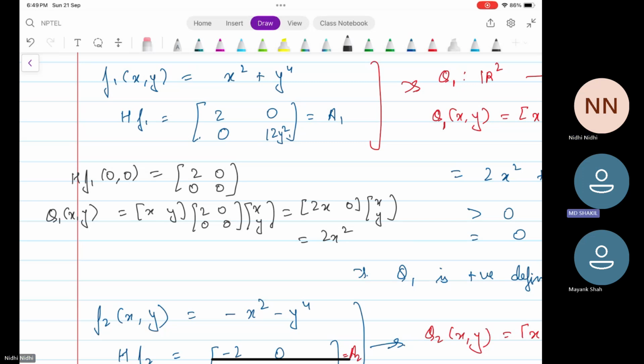When I go to ChatGPT, it says that in the Taylor series expansion, the second part is 1 by 2 times. Yes, for the Taylor series expansion, we basically multiply by 1 by n factorial for the nth term, but that's multiplied by the Hessian.